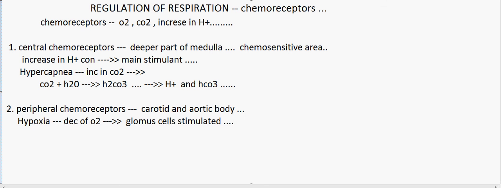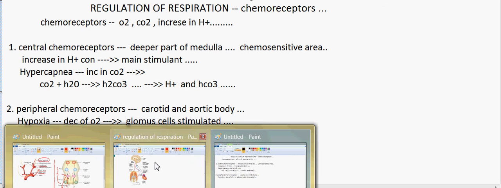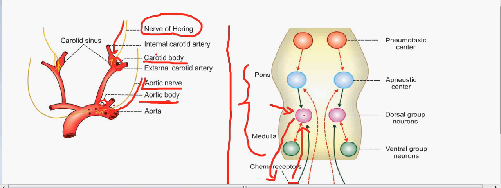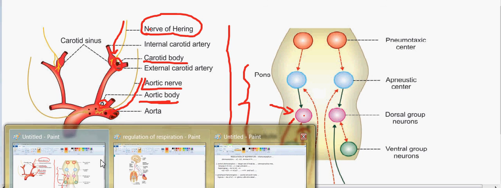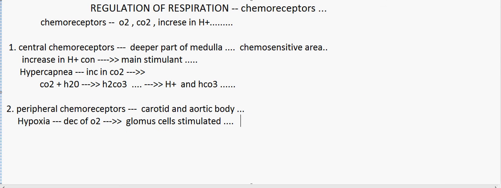So when the glomus cells are stimulated, the Hering nerve and the aortic nerve, that is the nerves which supply these peripheral chemoreceptors, tend to produce action potentials towards the dorsal group of the neurons in order to receive an improved ventilatory process.